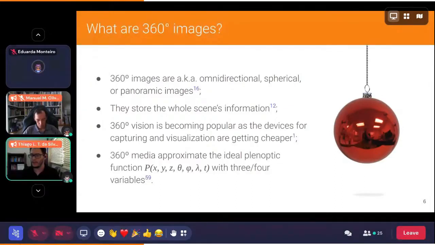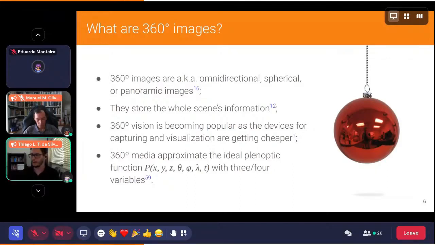360-degree media approximate what we call the plenoptic function, which is a utopic imaging model, an ideal imaging model, where we can capture all the scene information from every position in the world coordinate system along time.